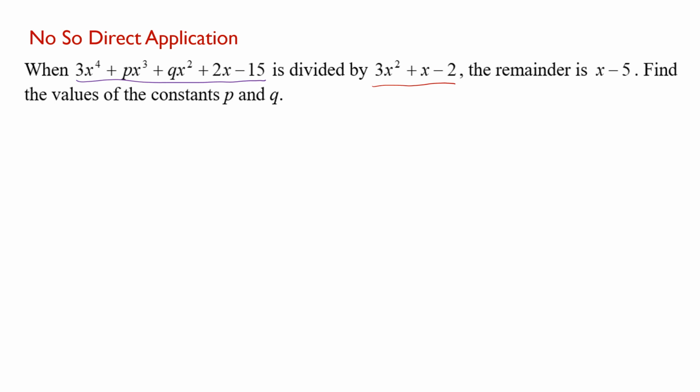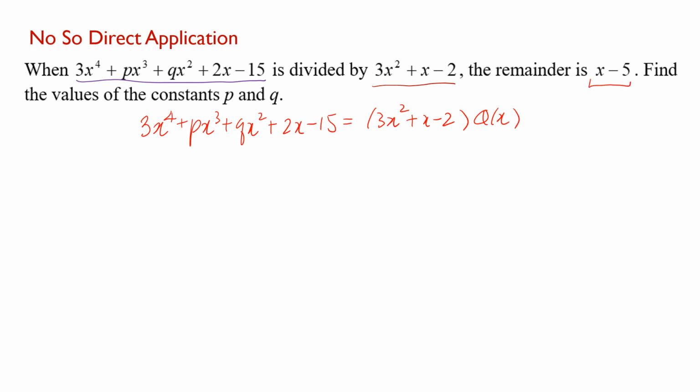First things first, we're going to write your dividend in the format equals your divisor times a quotient plus a remainder.